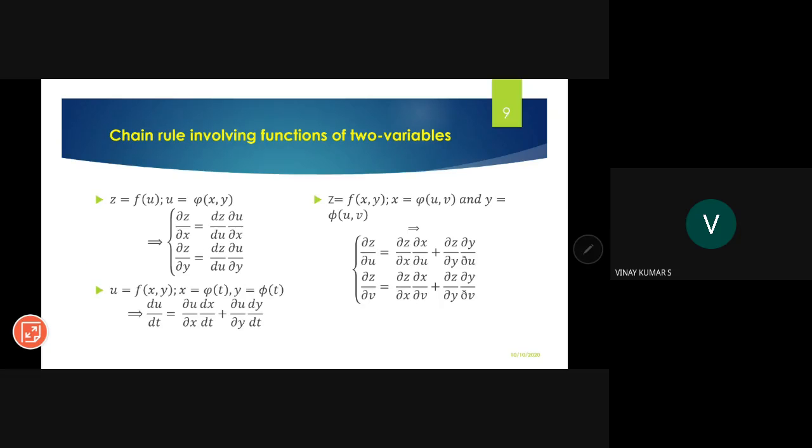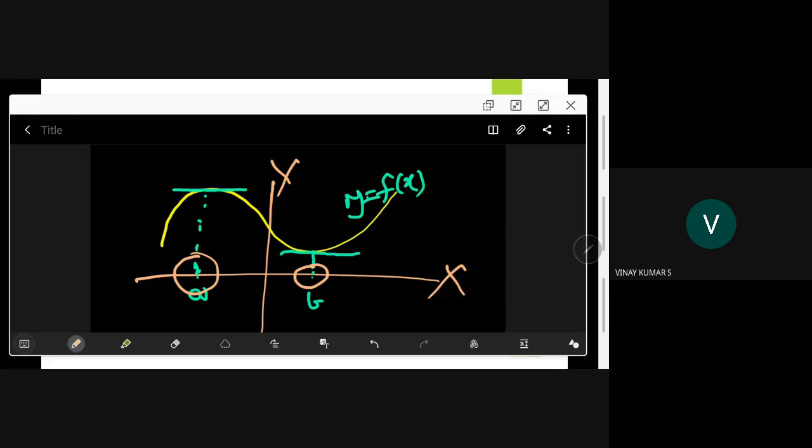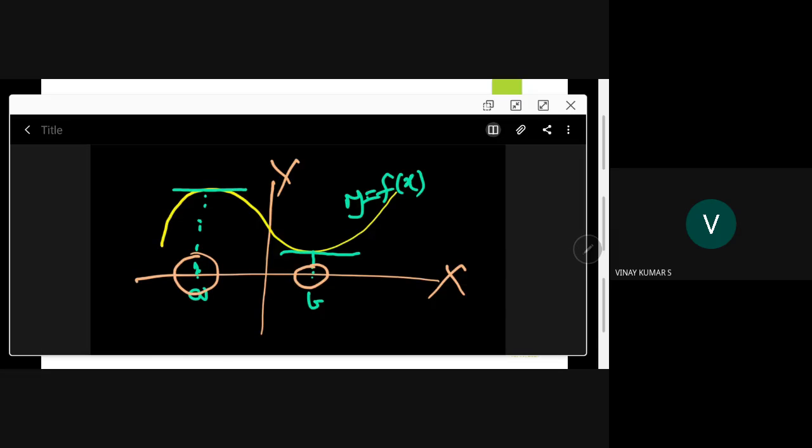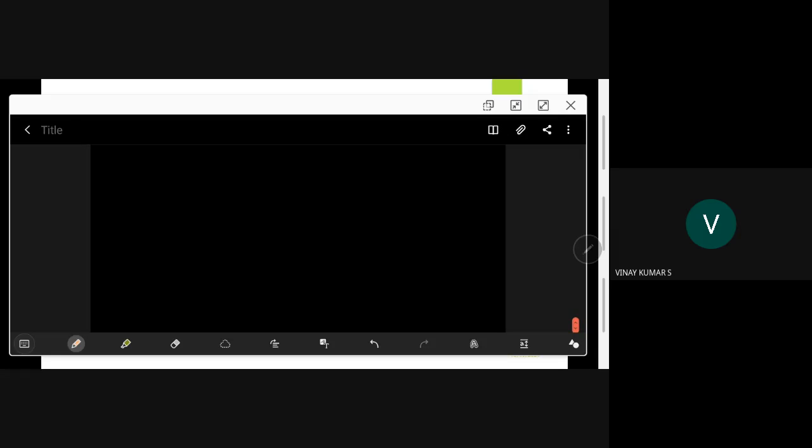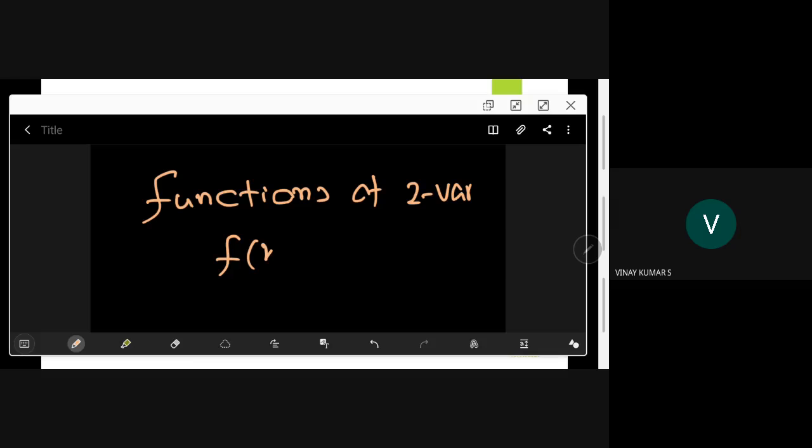Now go to the chain rule for functions of two variables, right? When functions of two variables are coming, we may label this as u or z.